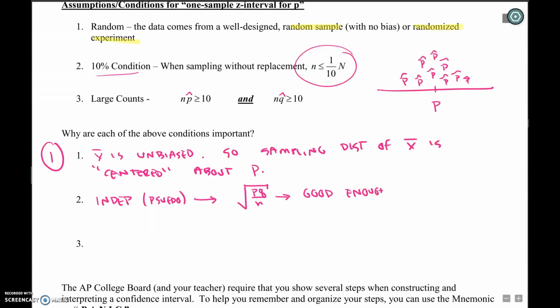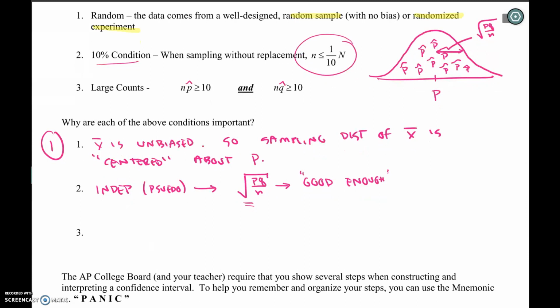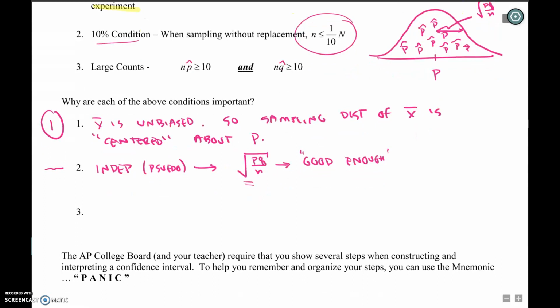What does that mean? It means that when we collect our sampling distribution, this formula is going to give us a good approximation for the actual standard deviation of that sampling distribution. If the 10% condition fails, the standard deviation of the sampling distribution will actually be less than this. So our interval is going to actually perform better than expected. So we don't really care too much if this one fails, but we still want it to pass.